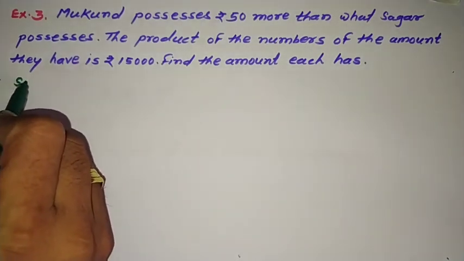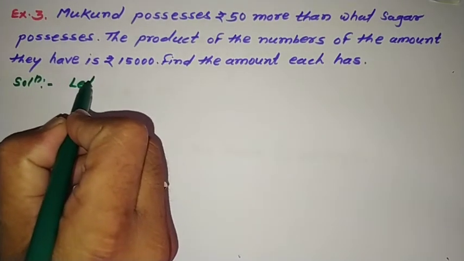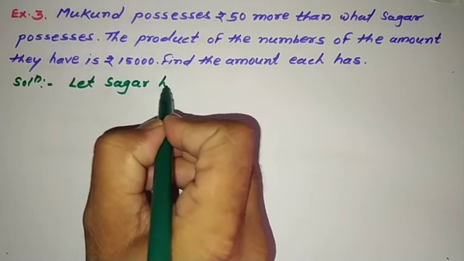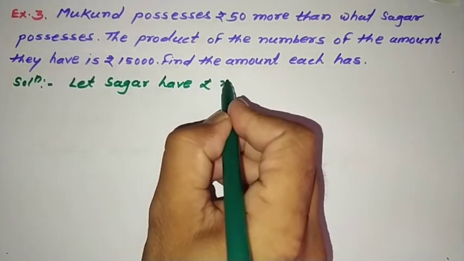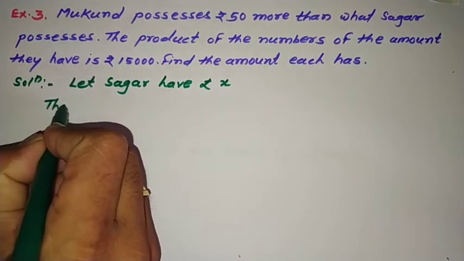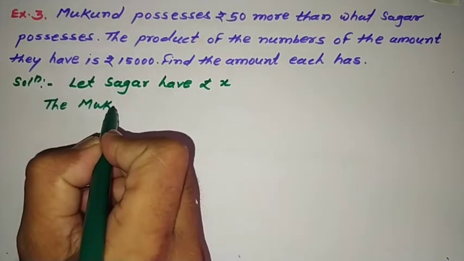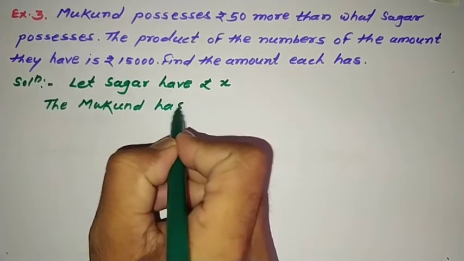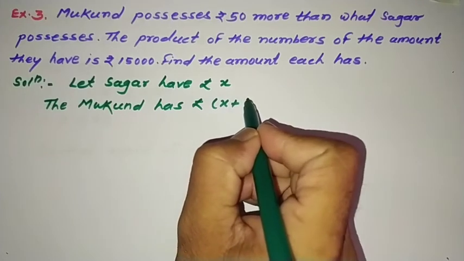Solution. Let Sagar have rupees x, and then Mukund has rupees x plus 50.